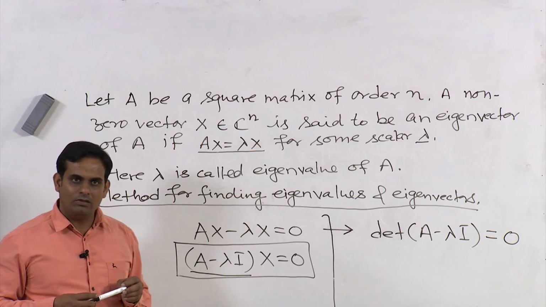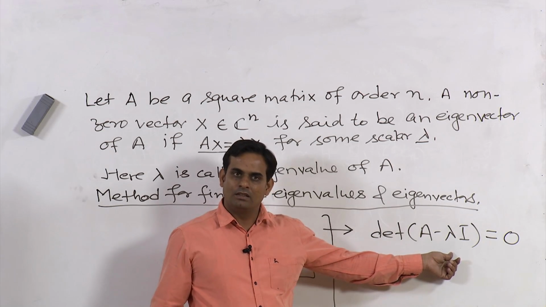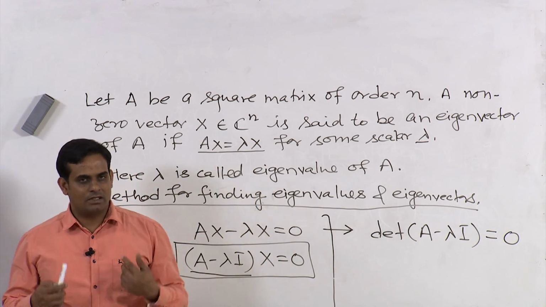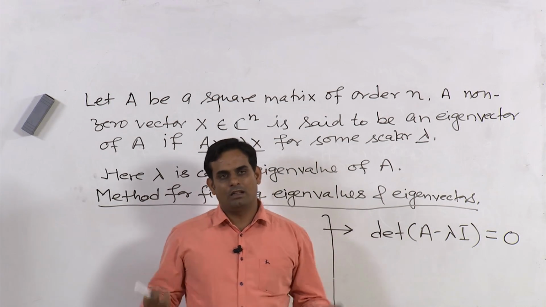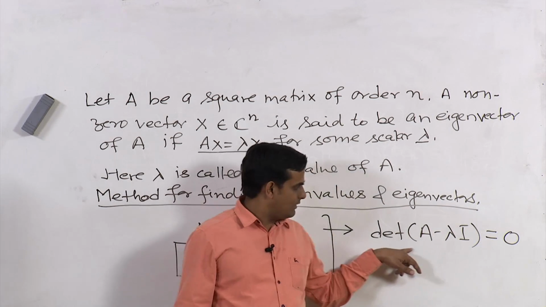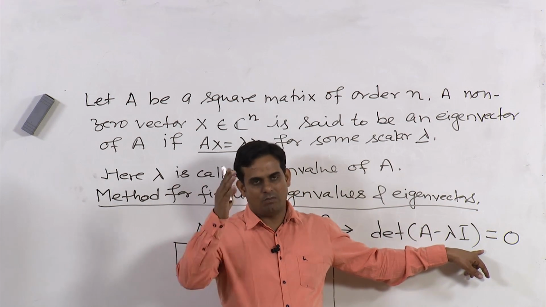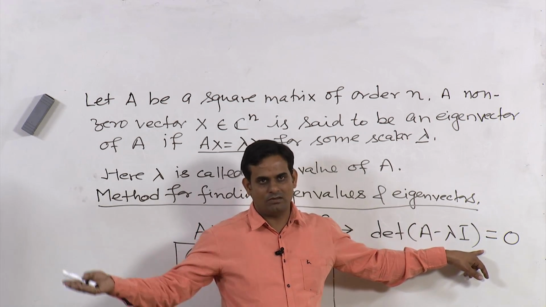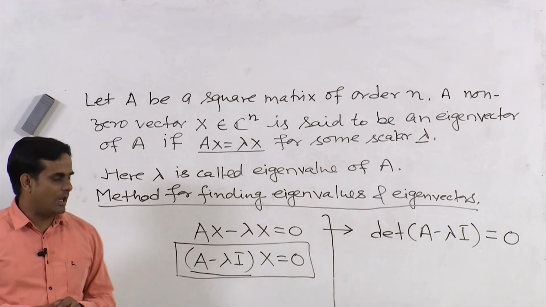What you need to do is write the matrix A minus lambda I, find the polynomial coming from the determinant of A minus lambda I, and solving this polynomial equation of degree n in lambda equals 0, you will find the eigenvalues of A.